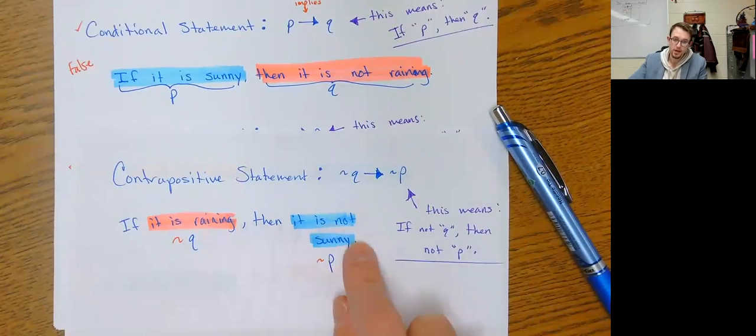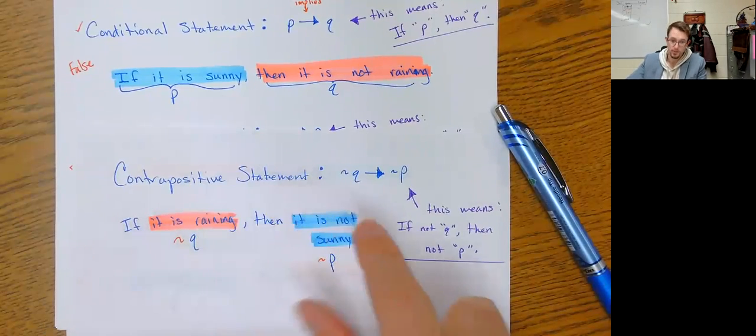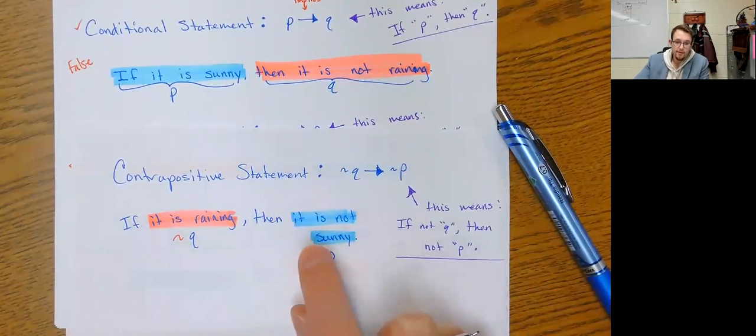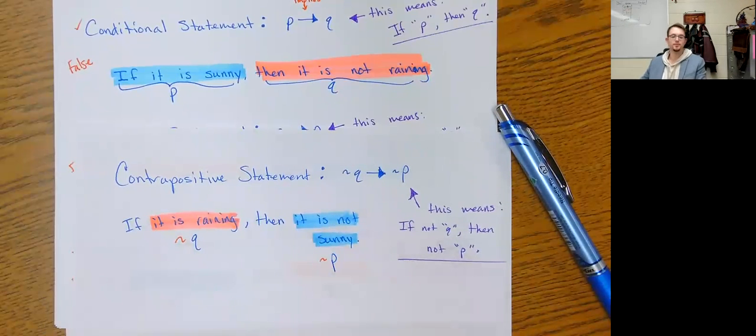And we got the inverse of P, which was sunny, now it's not sunny. So if it is raining, then it is not sunny. If it's raining, can it be sunny?